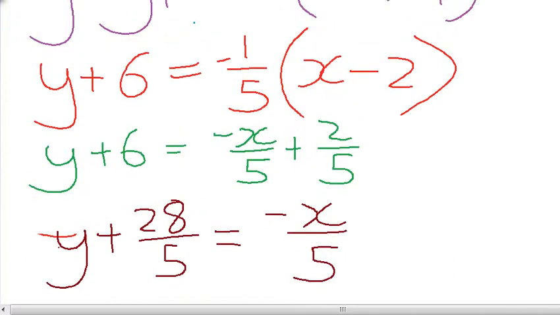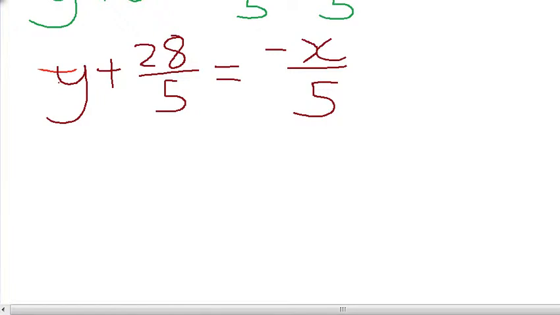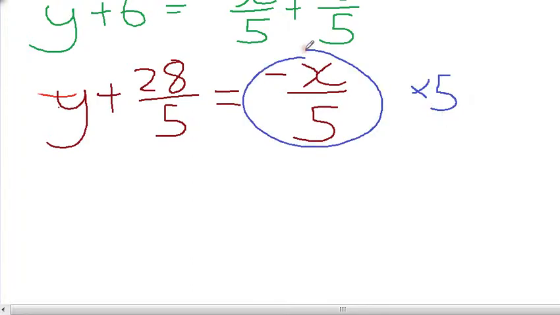And what was the form they wanted it in? They wanted it in the form x plus py plus q equals 0. They wanted everything on the left. So let's put everything on the left and get us some integers. So we'll times everything by 5. We're going to add x over 5 to both sides.